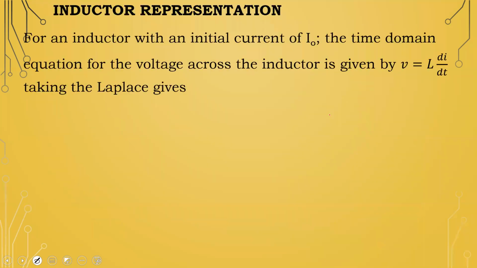With respect to your inductor, we know that if we assume an initial current of I0, and we all know the principles regarding the operation of our inductor, the equation for the voltage across the inductor would be equal to L di/dt.